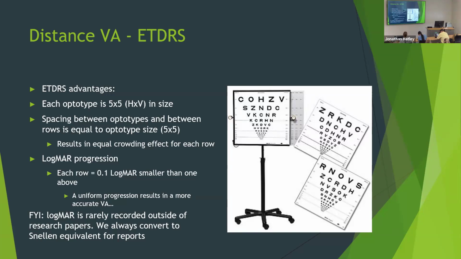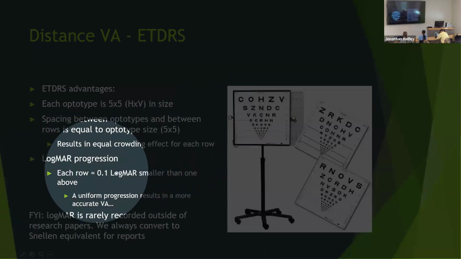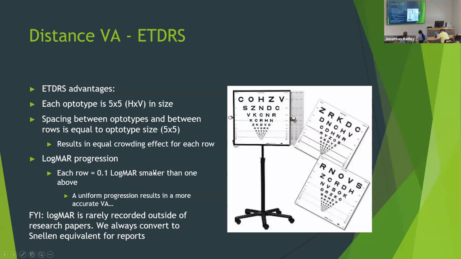As I mentioned before, the Bailey-Lovie chart was the first one that had uniform logarithmic progression in letter size as you work your way down the chart. The ETDRS borrowed that progression, and every single line on the ETDRS chart is 0.1 logMAR smaller than the one above. This just indicates that you have a very uniform progression of your letters.